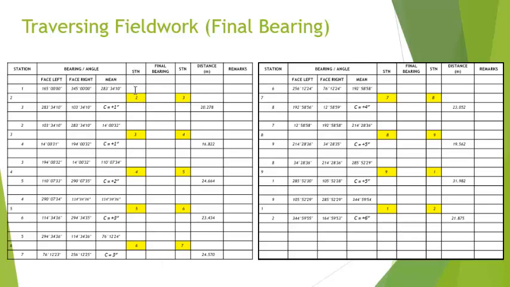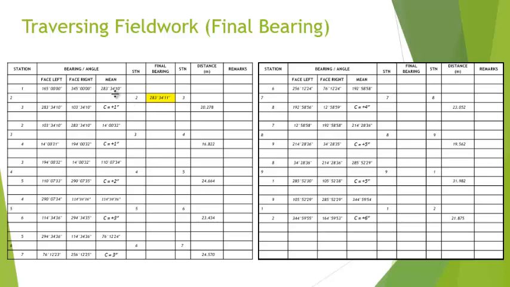So the direction is from station 2 to station 3 for the first row here, followed by 3 to 4, 4 to 5, 5 to 6, and so on until the end, which is 1 to 2. Always double check this value. Make sure it's correct.